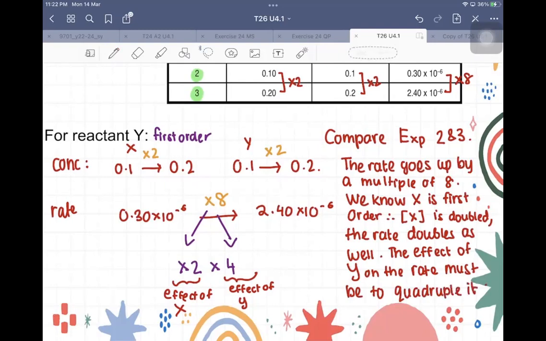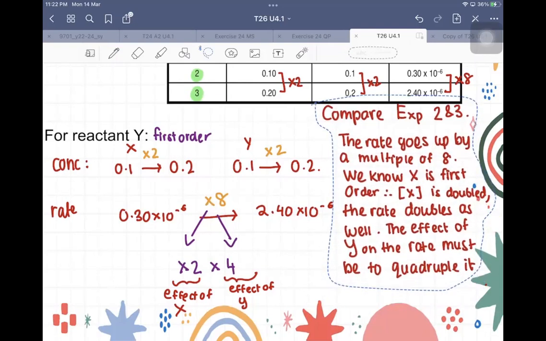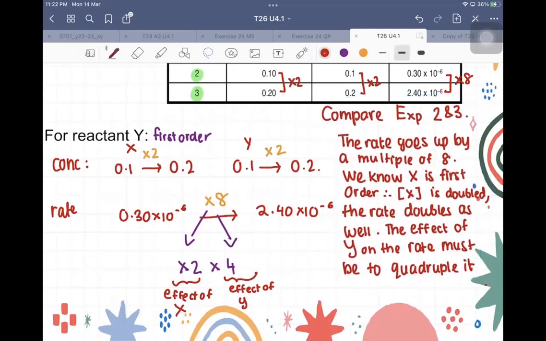So our last statement: as concentration of y doubles, the rate goes up by 4, and 4 is the square of 2.